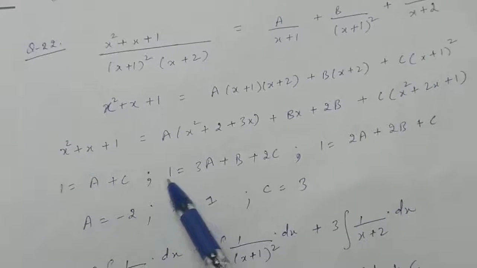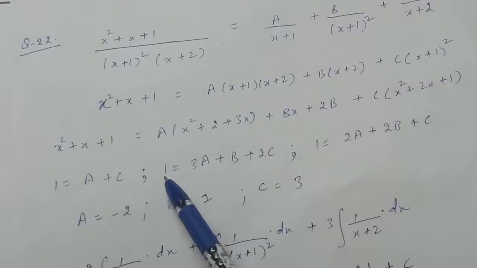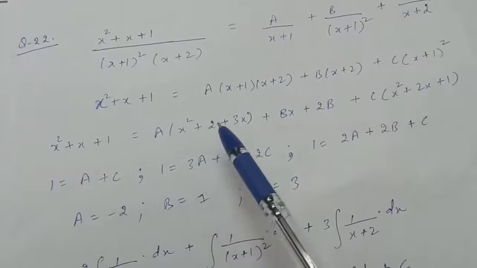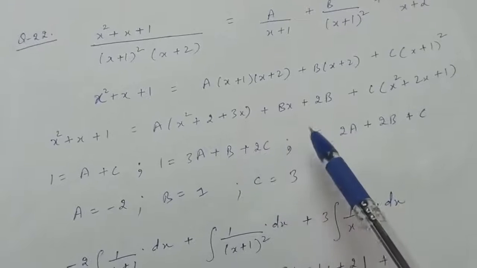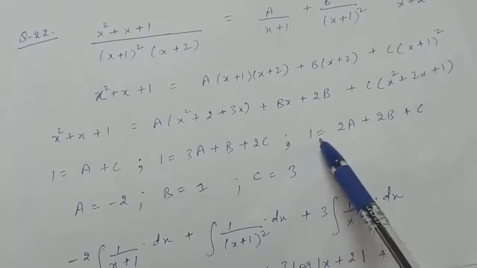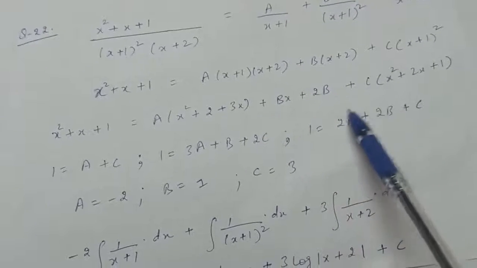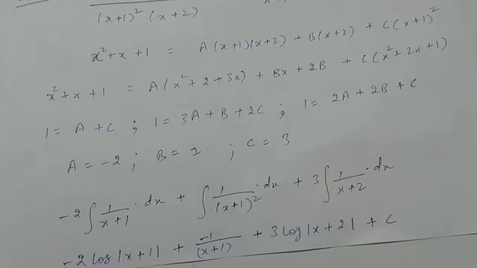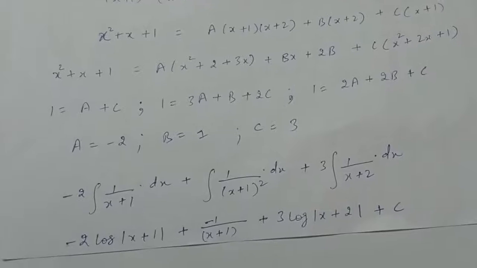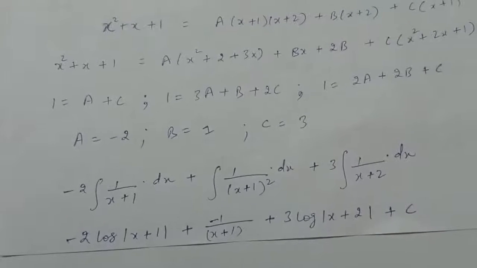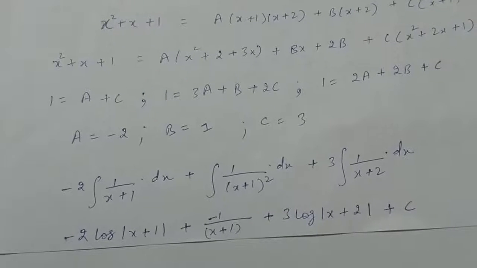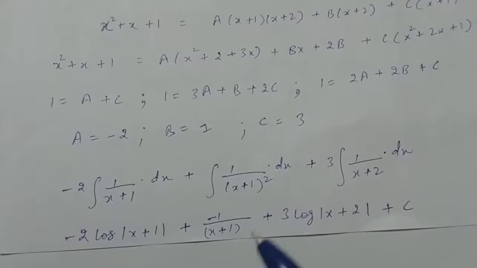Now the coefficient of x on the left side is 1, and on the right side it is 3a plus b plus 2c, and the constant term on the left side is 1 and on the right side is this. So solve these three equations to get the values of a, b and c, which you will get as a equal to minus 2, b equal to 1 and c equal to 3.